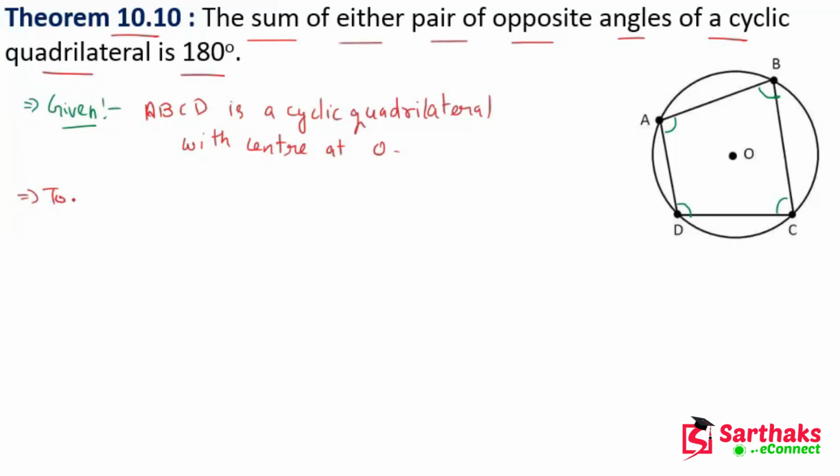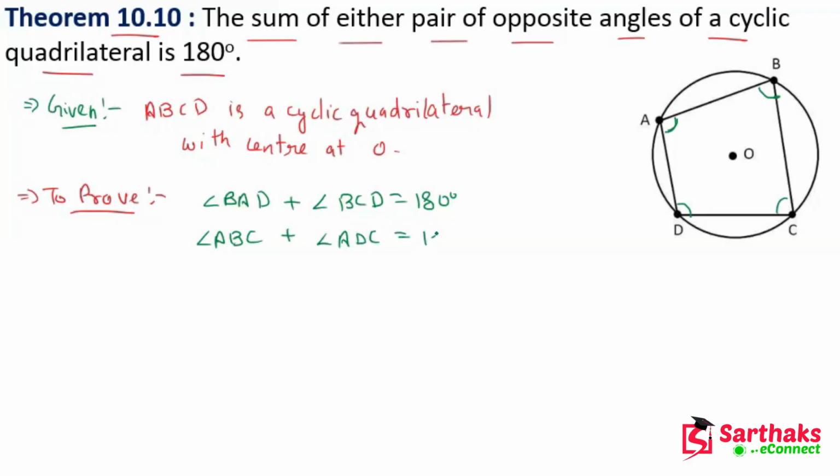And here we have to prove angle BAD plus angle BCD is equal to 180 degrees, meaning angle BAD, this angle, plus angle BCD is equal to 180 degrees, and angle ABC plus angle ADC is equal to 180 degrees. Okay, now let's prove.